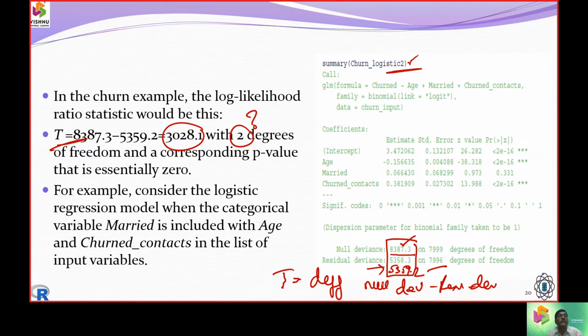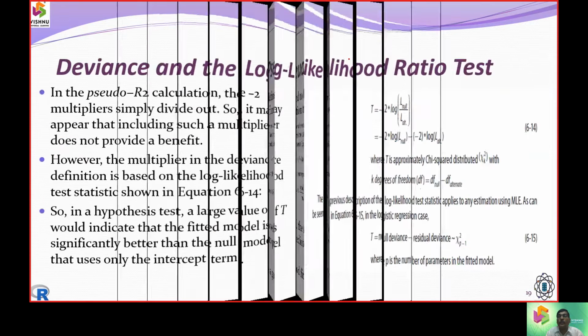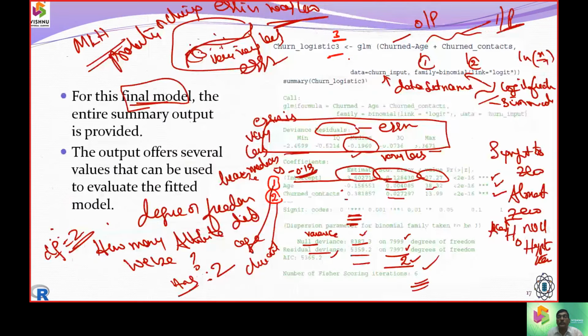So where is this 5359.2, and where is this degree of freedom 2? Let us move to the previous slide. Yes, this is what I was talking about. We get the residual deviance, that is 5359.2. And what is the degree of freedom here? It is 7997.